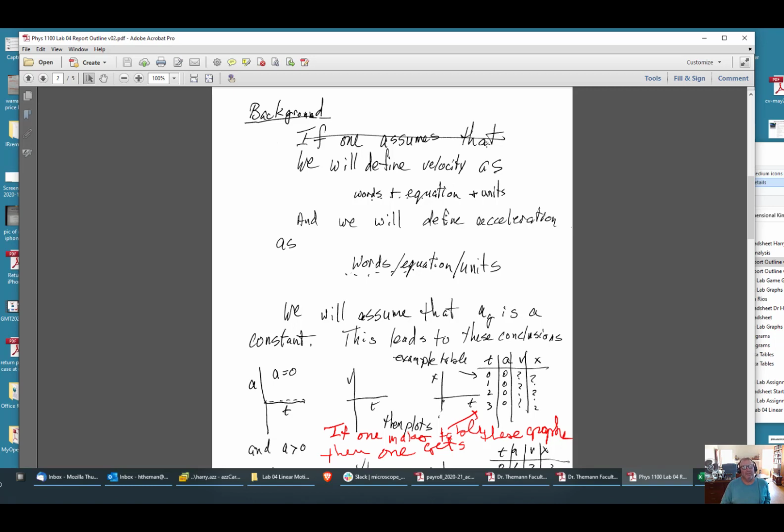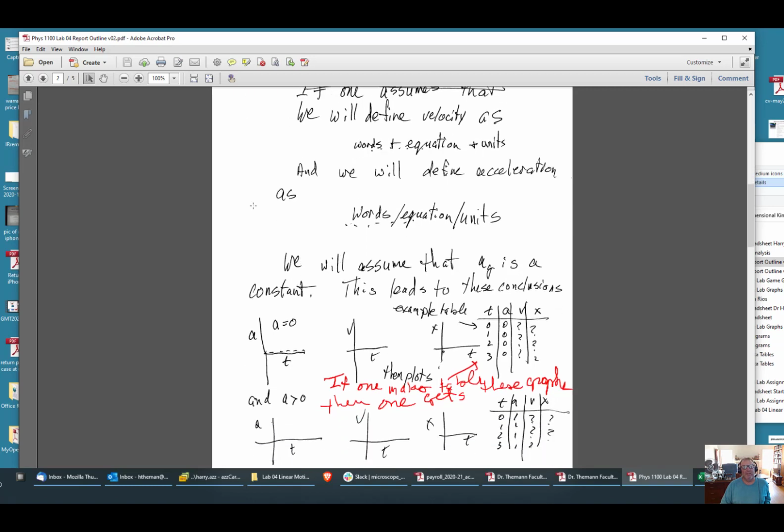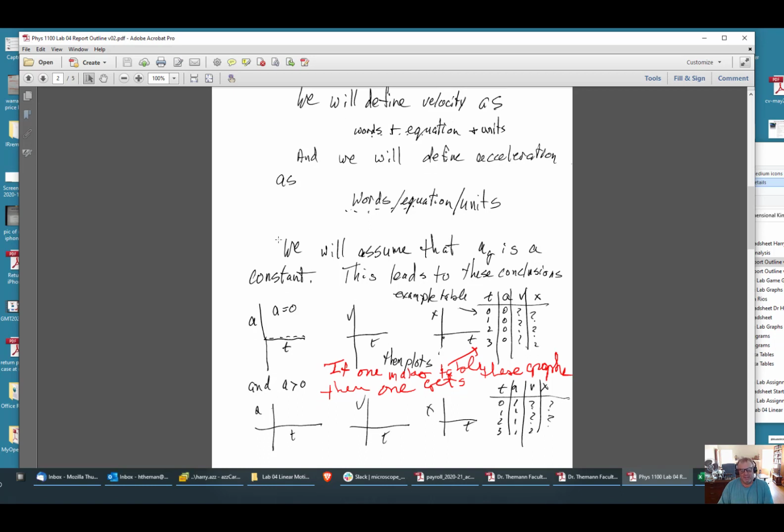And then we will assume that the force of gravity is a constant. For the purpose of this background, we'll assume that the acceleration of gravity is constant, but this may turn out not to be the case.